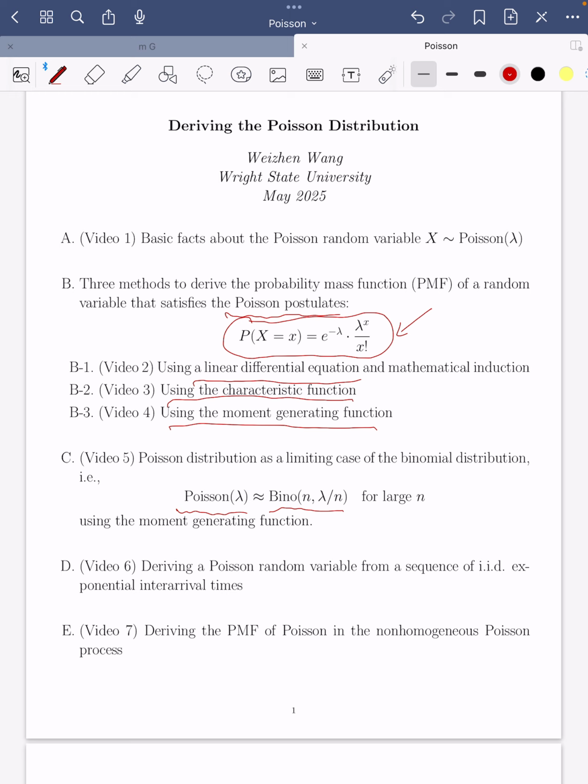We still want to use the moment generating function to show this fact. In part D, we derive the Poisson random variable from a sequence of IID exponential inter-arrival times. In the last part, we derive the probability mass function of Poisson in non-homogeneous Poisson process. So that's our plan. Let's move on.